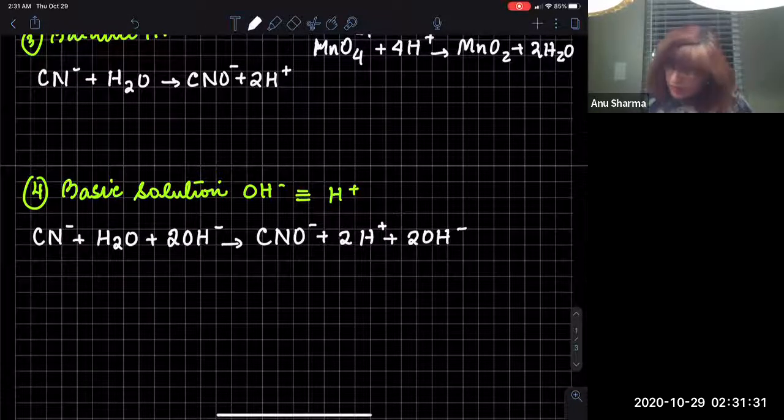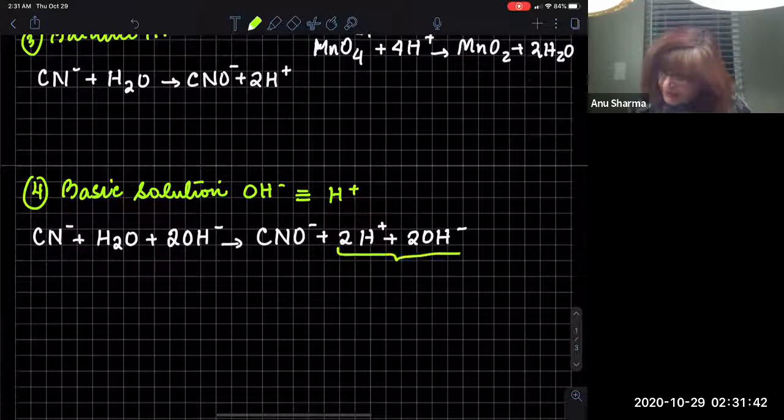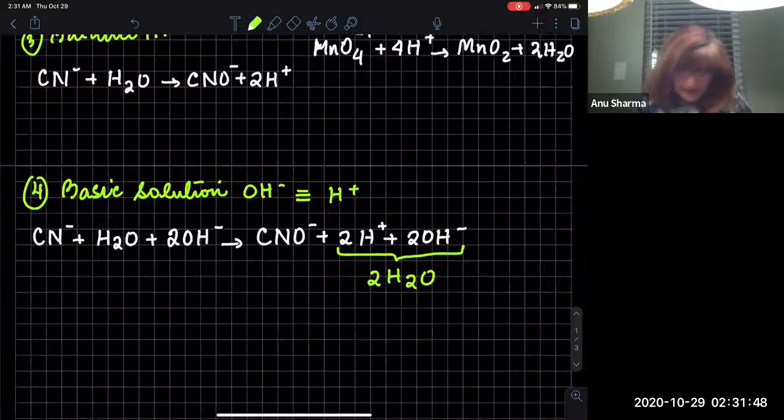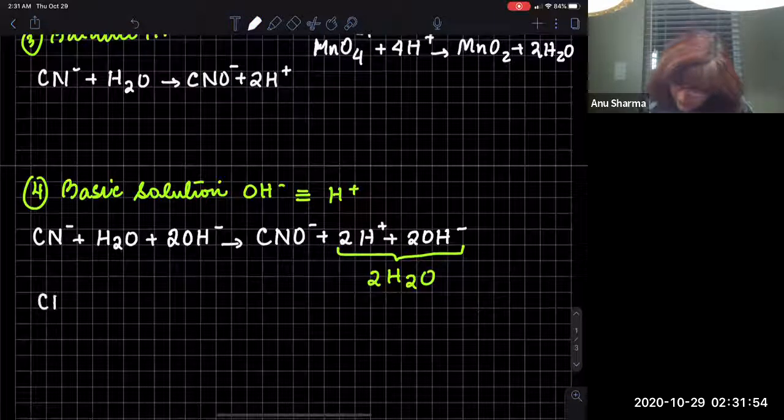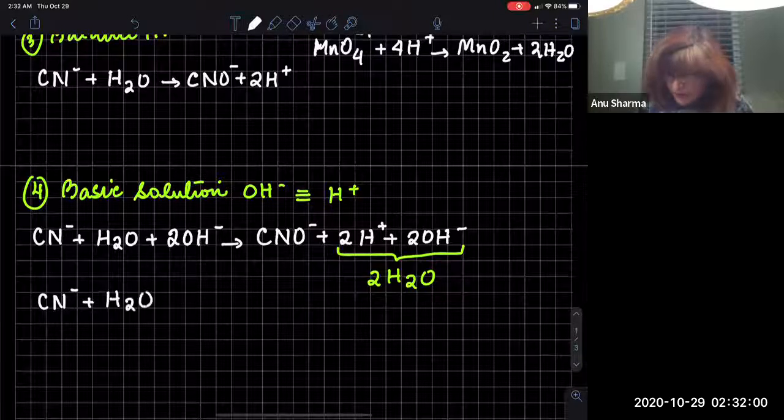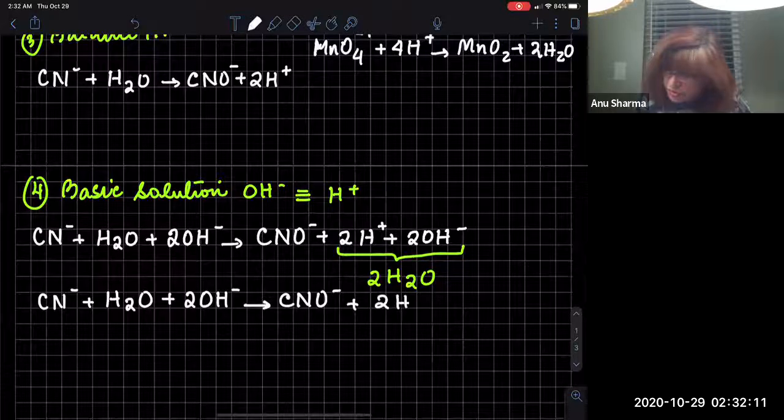Okay, now keep a few things in mind. Certain things are going to change. What is changed here? 2 hydrogens and 2 OH, when they combine together, this is going to give you 2H2O. So in reality, our equation really becomes like this: CN negative plus H2O plus 2OH negative, and this gives you CNO negative plus 2H2O.